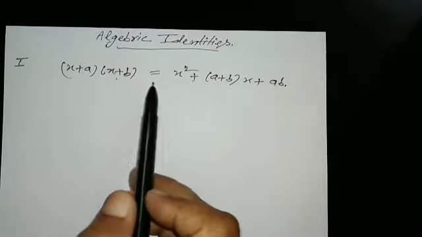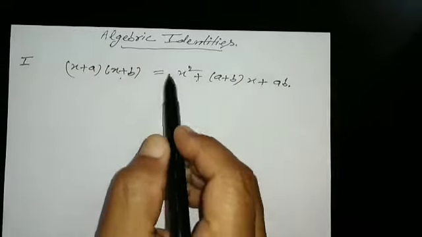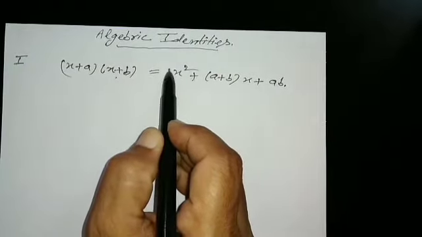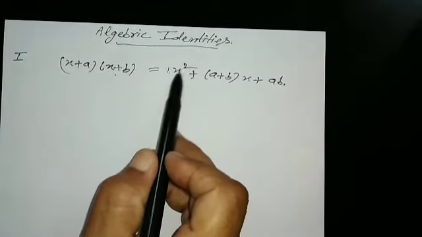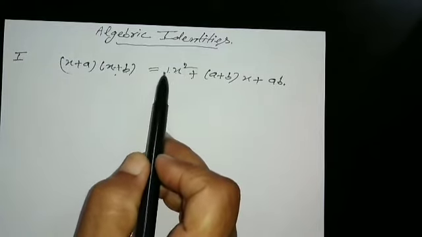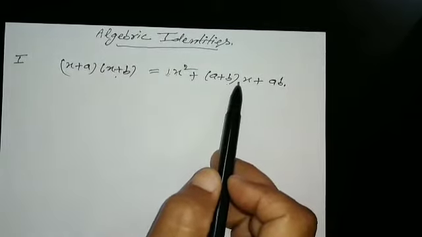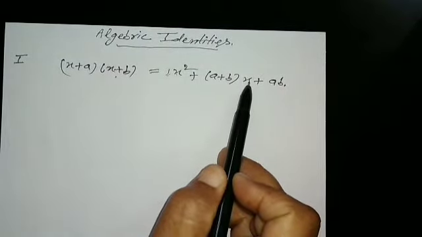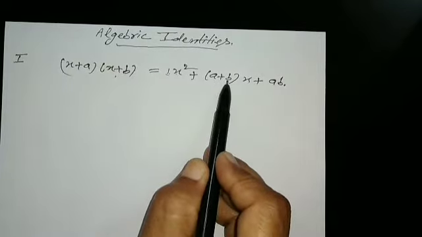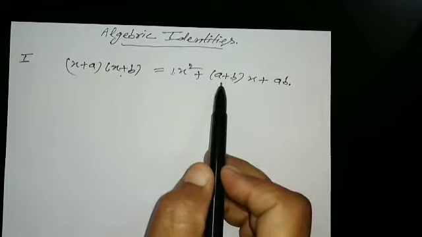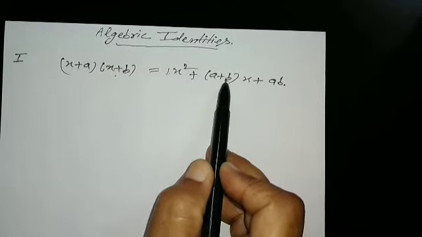How to use it? If this polynomial is given, first you have to look at the coefficient of x square, which must be 1. Second, the coefficient of x, the single power, is a plus b, meaning two values are added here.